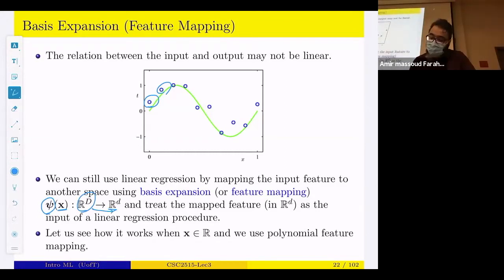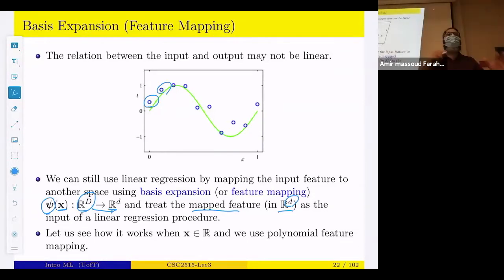This can be some processing on inputs. It can be a nonlinear map in general. And then we treat the mapped features, which are in R^d, as input of a linear regression procedure.